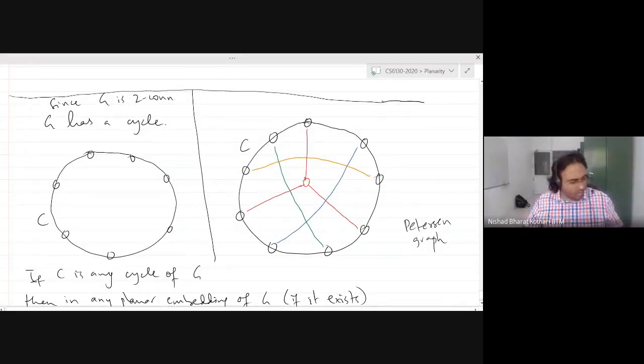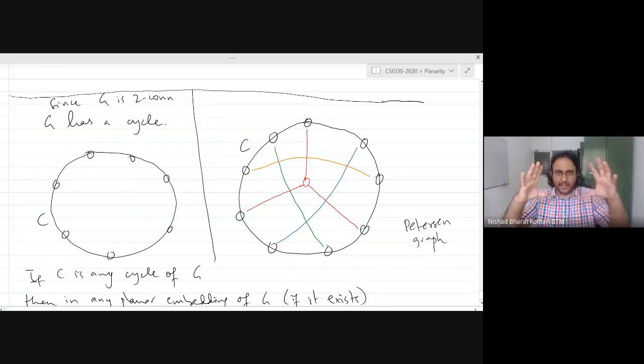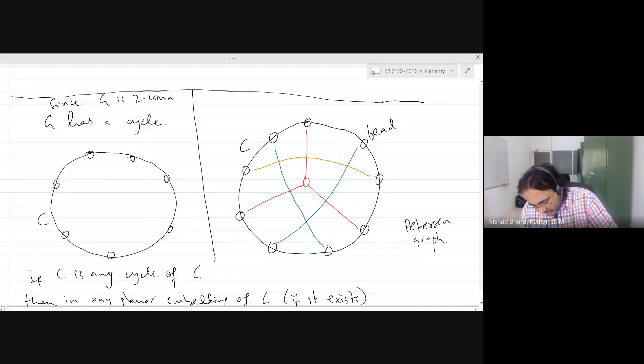What I want to do now in the next 3 minutes, I'm going to be super informal and define things using scissors and a 3D model of a graph, okay? So think of this graph that I've drawn as being made of string. Every edge is a string and every vertex is like a bead.